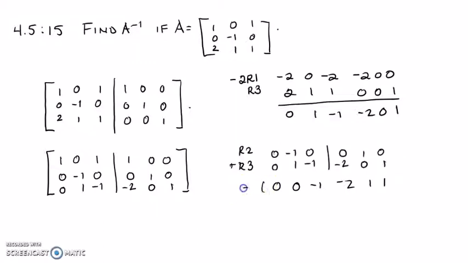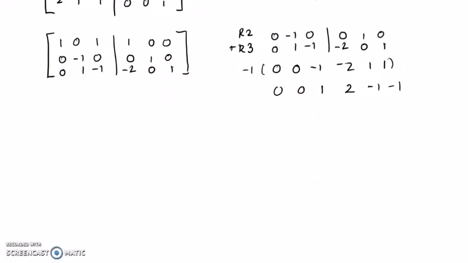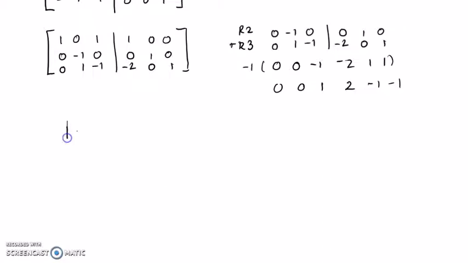And then I can take the opposite of that, and now I have 0, 0, 1, so I'm going to replace that with row 3. And I'm going to change the signs on this row right away.